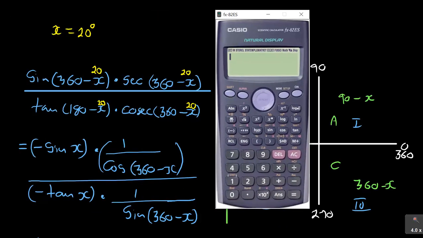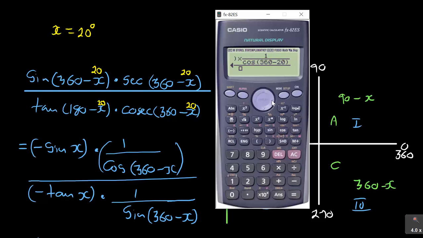Bearing in mind that sec is 1 over cos, you have the bigger fraction, which is sine of 360 minus 20, and then times sec, remember, is 1 over cos. You don't have sec on the calculator, but you can do 1 over cos, of 360 minus 20.